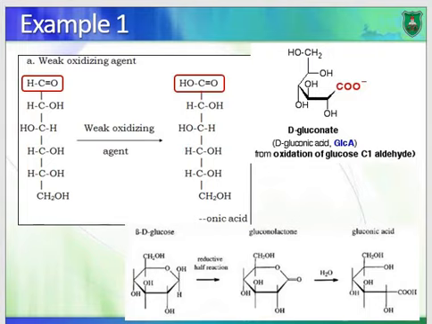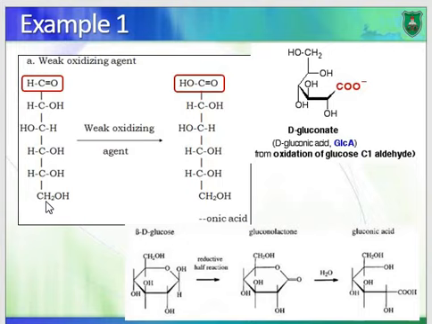So let's see how this oxidation can happen. Definitely when we talk about oxidation, we need an oxidizing agent, and we may have a weak oxidizing agent or a strong oxidizing agent. So if the oxidizing agent is a weak one, where do you expect oxidation to happen, at carbon number 1 or carbon number 6? If you look at the structure of glucose, carbon number 1 is the carbonyl carbon or the anomeric carbon, whereas carbon number 6 is an alcohol, a carbon that is attached to a hydroxyl group.